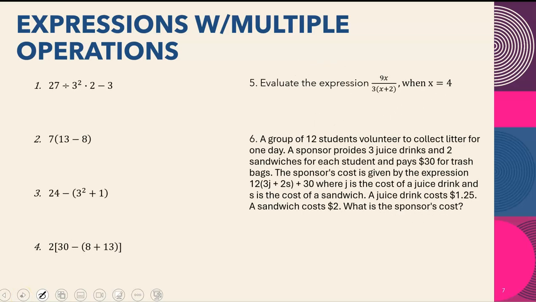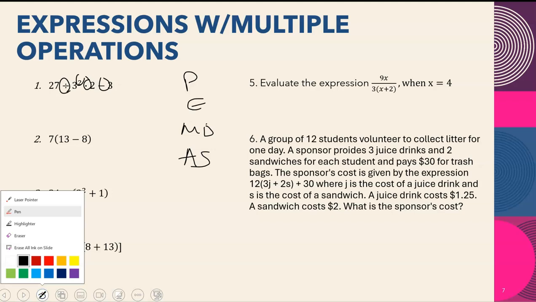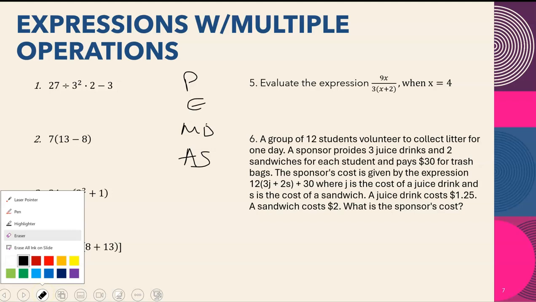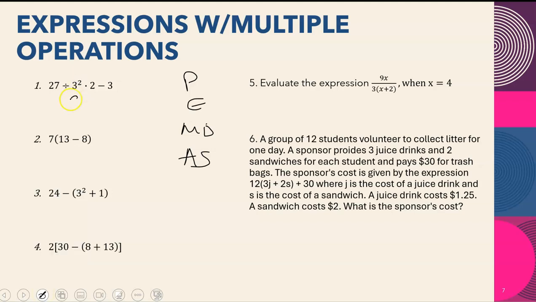All right, we're going to start over here on the left with number 1. I see division, exponent, multiplication, and subtraction. Using the order of operations, also known as PEMDAS, we easily see we do not have any grouping symbols, so we go straight to the exponents on this one. 3 squared is 9.